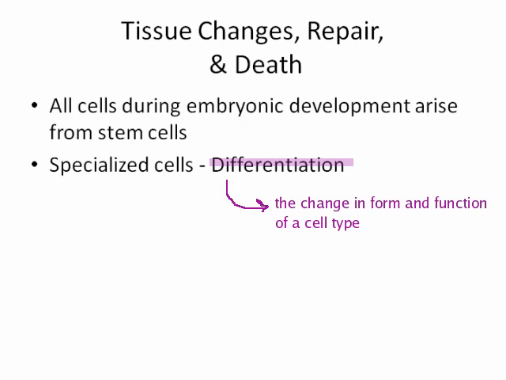Osteoprogenitor cells are stem cells. Osteoblasts are producing bone. Osteocytes are maintaining bone. And so as those three cells change into one another, the form and the function of that cell type also changes.